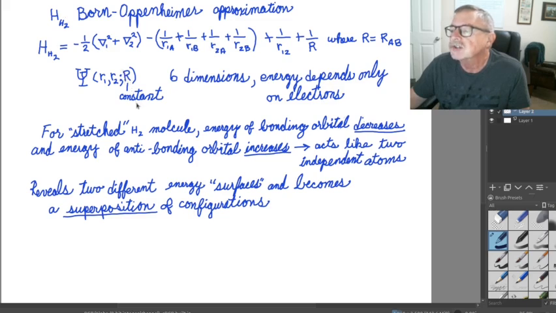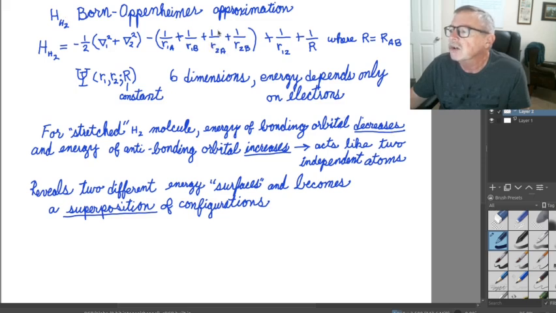but it's a constant. For a stretched H2 molecule, it doesn't work so well because the energy of the bonding orbital, the attractive part to those protons, starts to decrease because they go farther away.